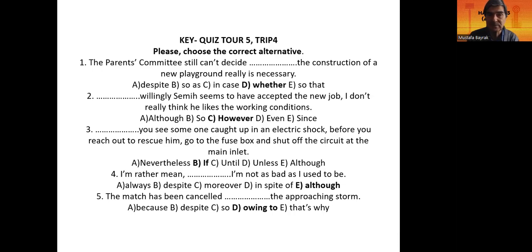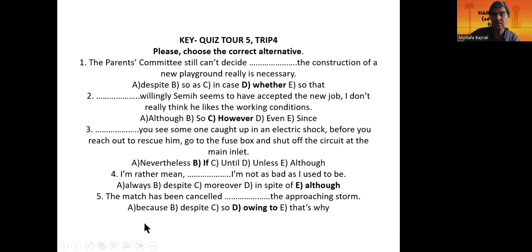5. The match has been cancelled owing to the approaching storm. Yes. Okay. The match has been cancelled because of the approaching storm, or due to the approaching storm, not just because.